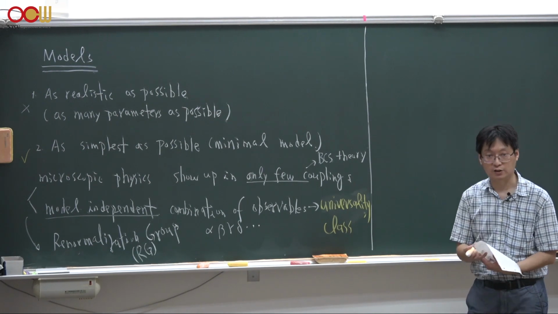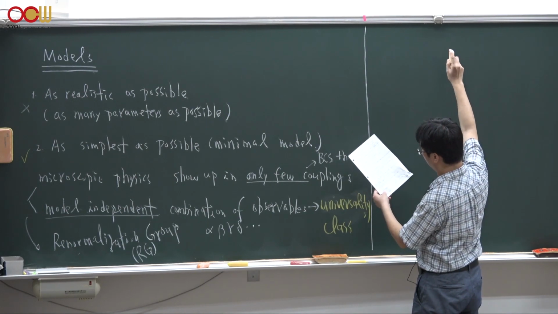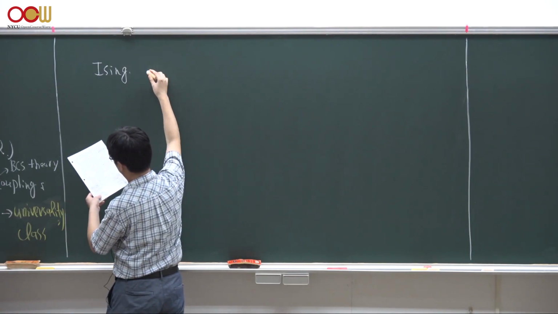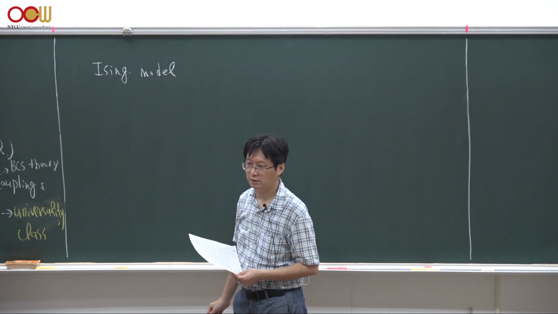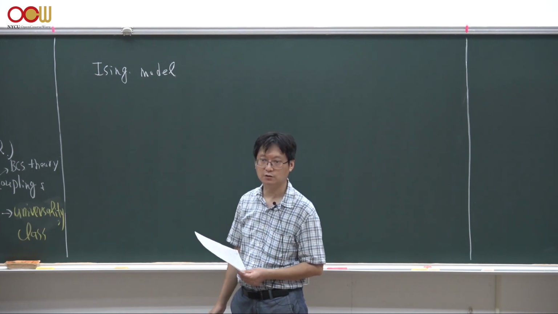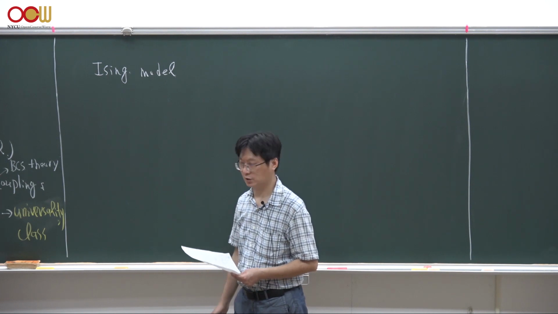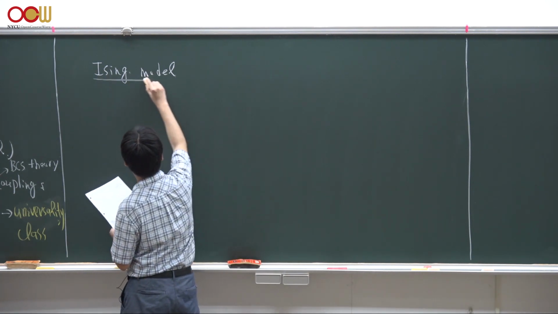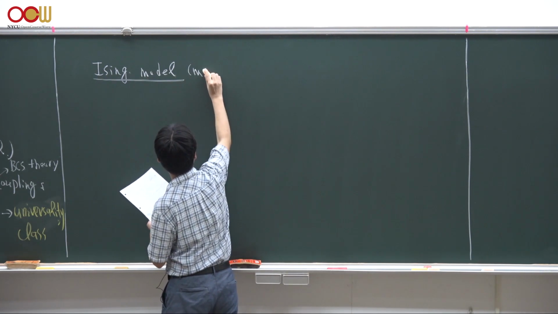And in a spin system, this well-known Ising model or Ising magnet provides a prototypical example of the minimum model required to get phase transitions for magnetic or spin systems. We will analyze the Ising model, or Ising magnet, first.